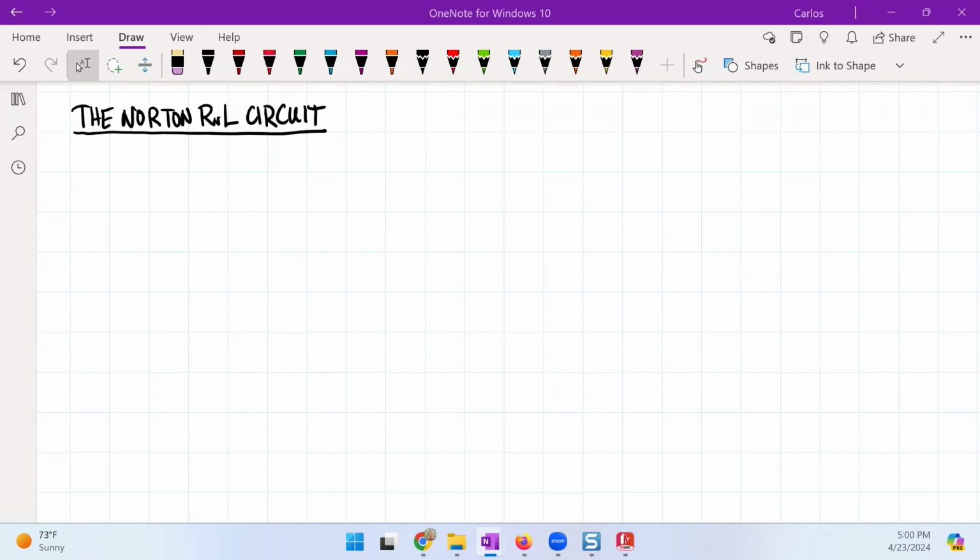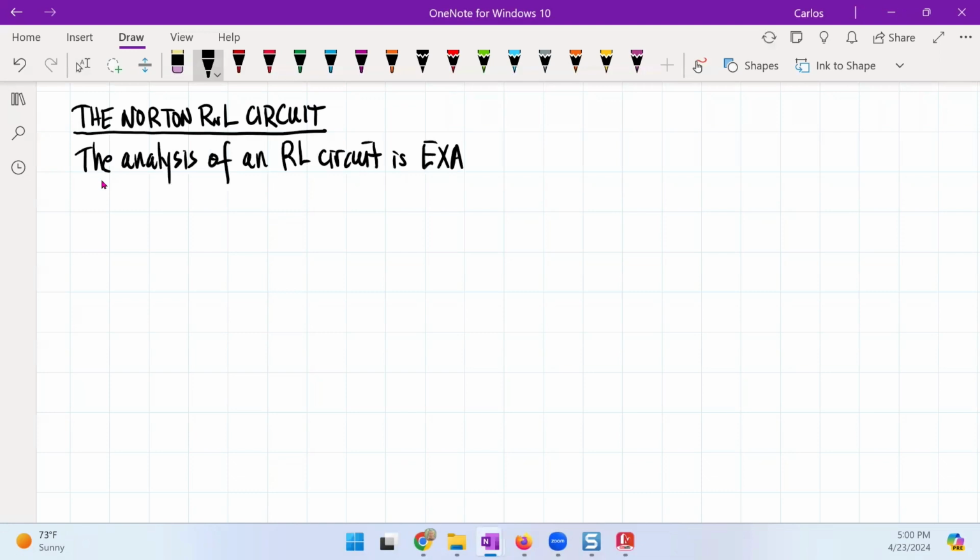The Norton RL circuit. The analysis of an RL circuit is exactly the same as the RC circuit analysis.